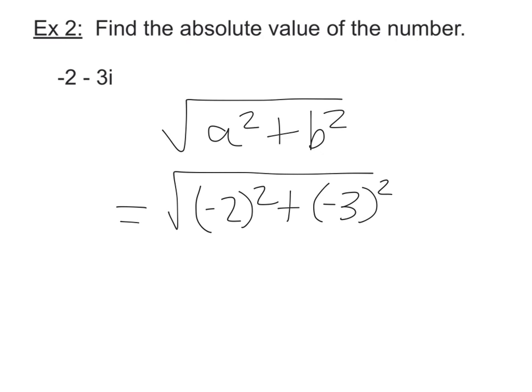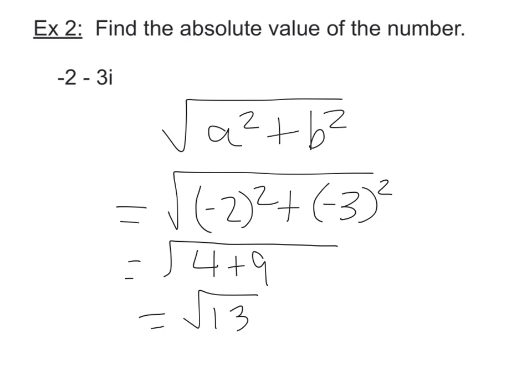Now, a lot of students in the past will try to plug in that i. Just understand, we don't need to use the i for the absolute value. We just plug in negative 2 as well as negative 3. We keep simplifying to get 4 and 9, and obviously we come up with the square root of 13. Not a perfect square, can't reduce any further. That's all we need to have there.